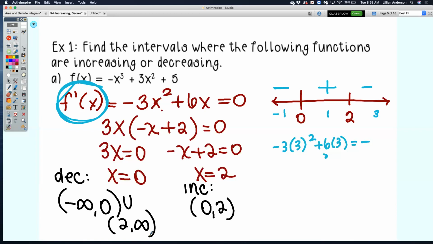We create a sign diagram, and we use test points to determine where our function is increasing or decreasing, and we plug those test points into the what again? We plug them into the derivative, okay? Not the original, because if we plug them into the original, we're trying to find coordinates, and we don't want to do that yet.